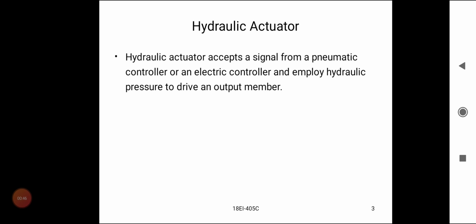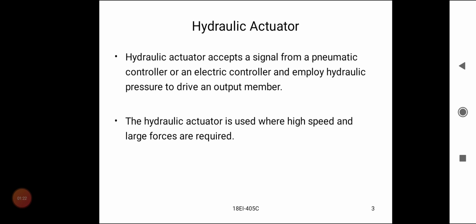A hydraulic actuator accepts a signal from a pneumatic controller or an electronic controller and employs hydraulic pressure to drive an output member.